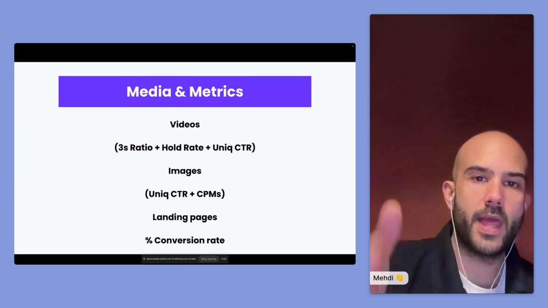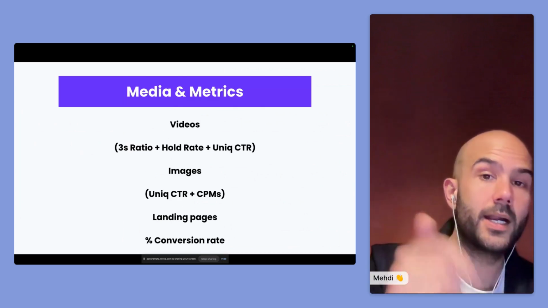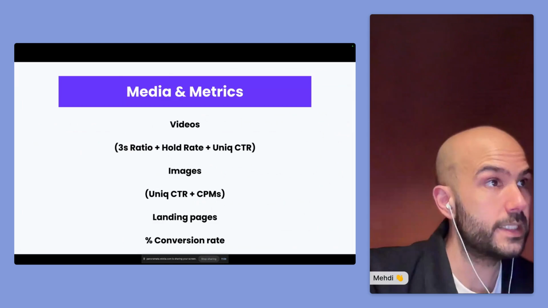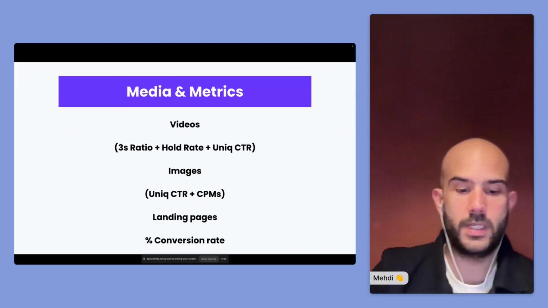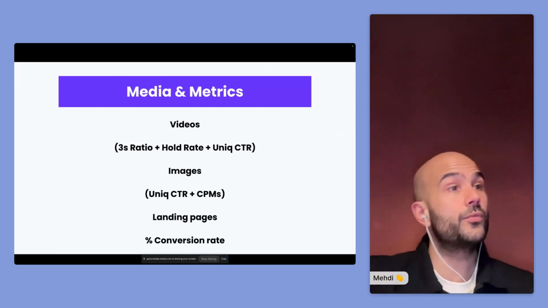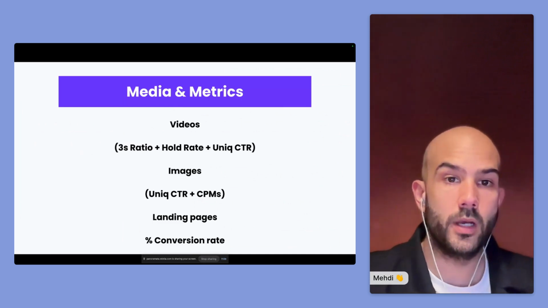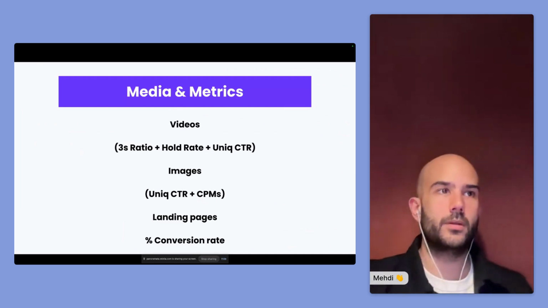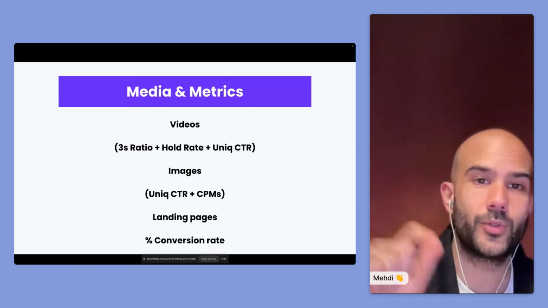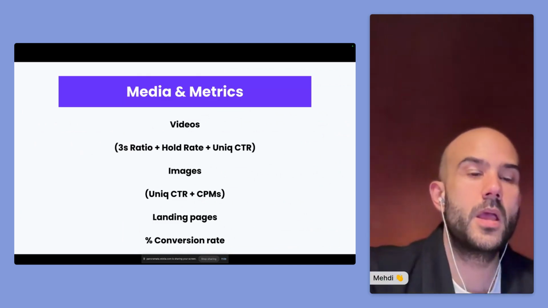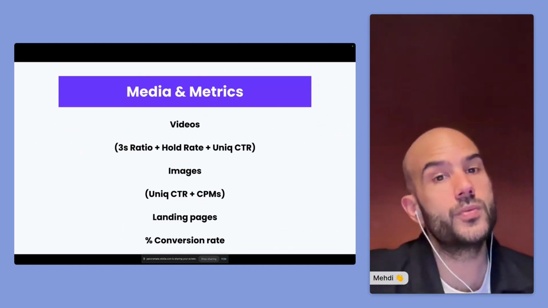We've seen both ads that are images and videos in this session. What I wanted to do here is also give you a few metrics that you could use to actually measure if your ads are working or not, at least to understand if they're catching the attention, and the attention from the right audience. So for the videos, the main metrics you can have a look at are the 3-second ratios.